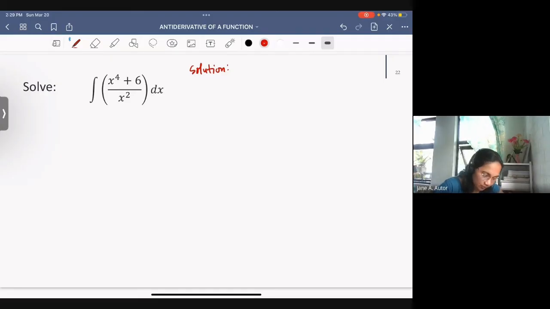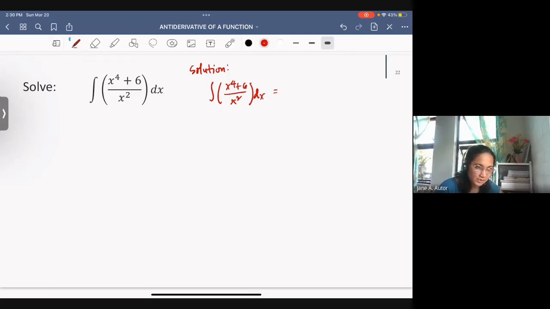Okay? So we have the integral of x raised to 4 plus 6 divided by x squared dx. So what we're going to do is to apply linearity for this expression, for this fraction.